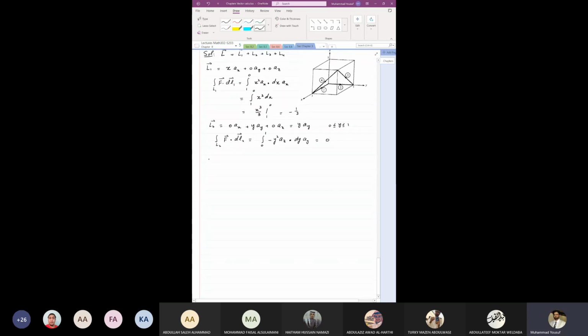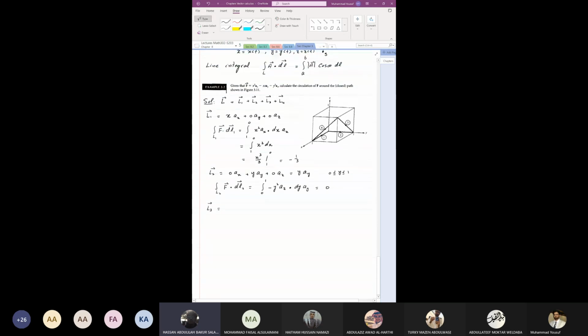Okay, now line L3. Doctor, one more time, how did you find the minus y square az? In the vector field, we put x equal to 0, z equal to 0.